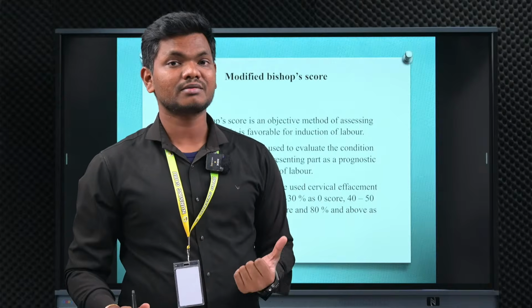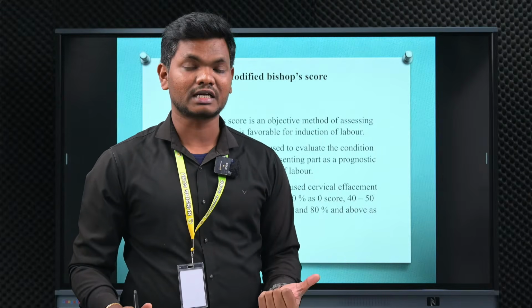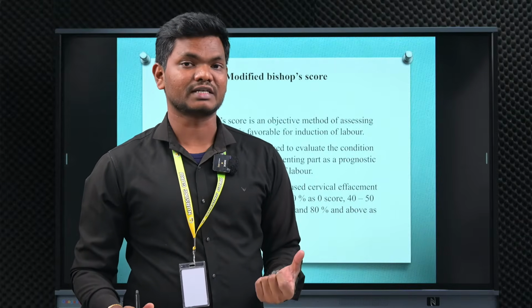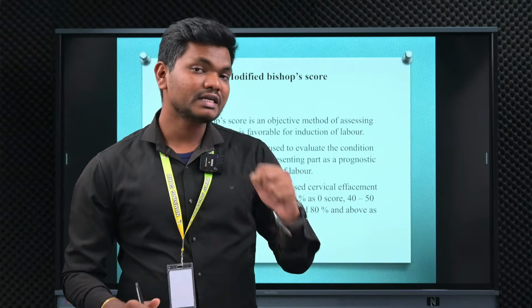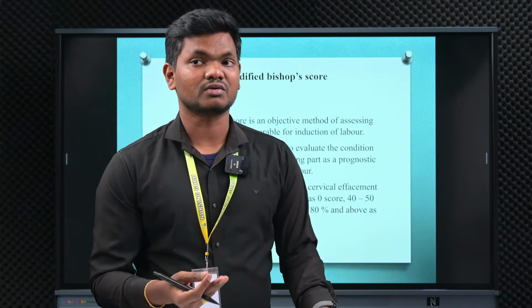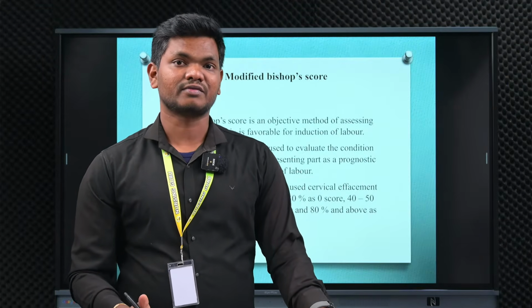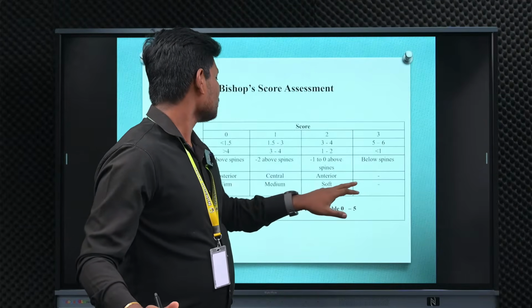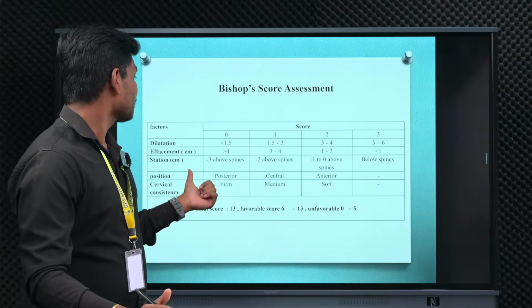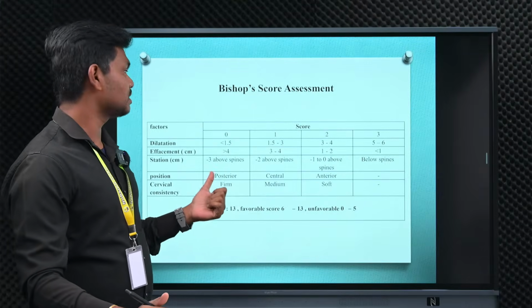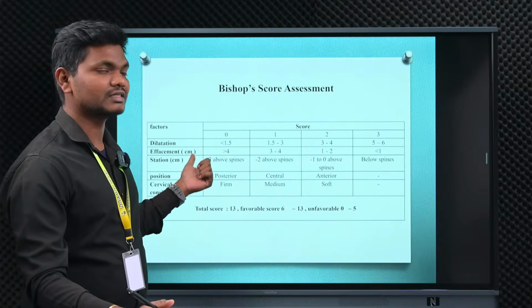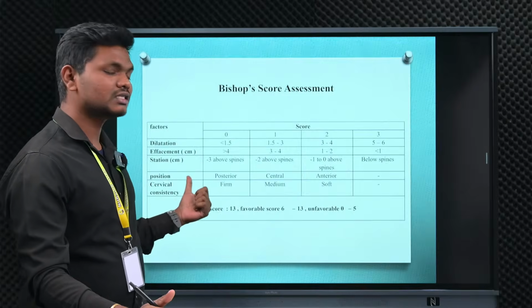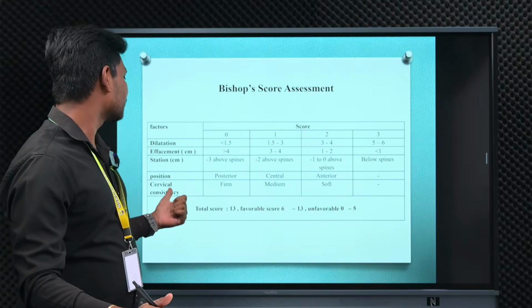Before starting the induction, we should assess the condition of the cervix. When the score becomes normal, then we can start the induction of labor. That scoring method is known as the Bishop score. What do we see in this scoring method? The dilatation of the cervix, effacement, fetal station and position of the fetus, as well as the cervical consistency.